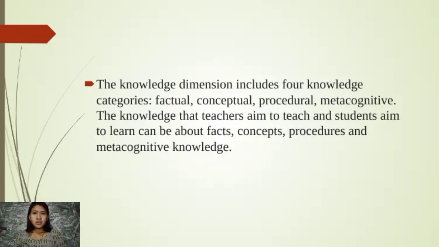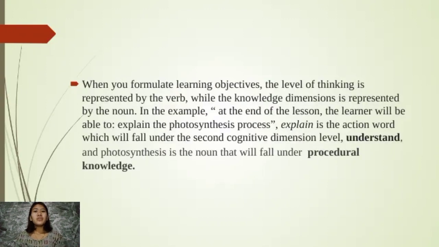So let's proceed to the next slide. When you formulate learning objectives, the level of thinking is represented by the verb, while the knowledge dimension is represented by the noun. In the example, at the end of the lesson, the learner will be able to explain the photosynthesis process. Explain is the action word which will fall under the second cognitive dimension level, understand, and photosynthesis is the noun that will fall under procedural knowledge.